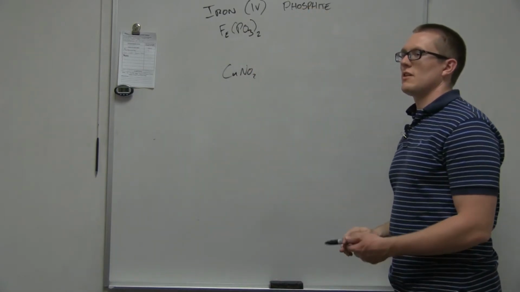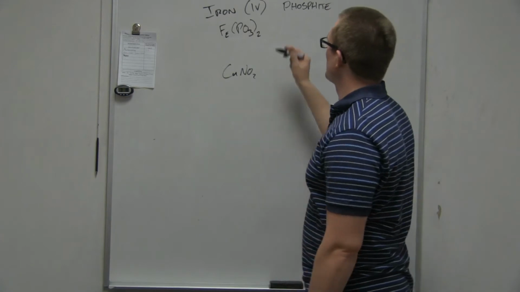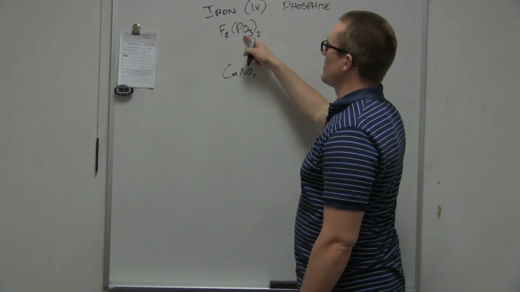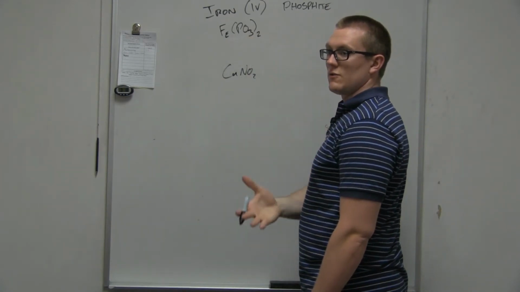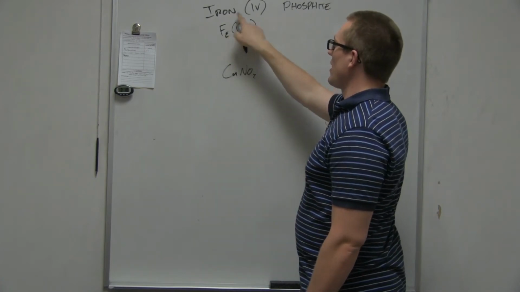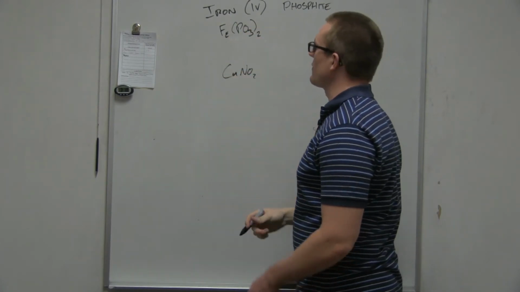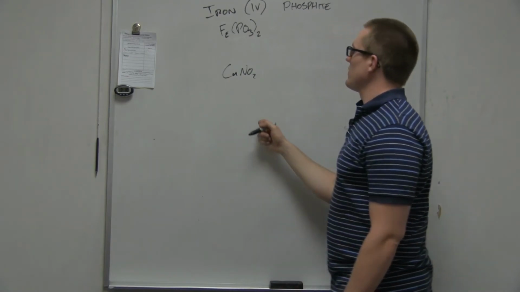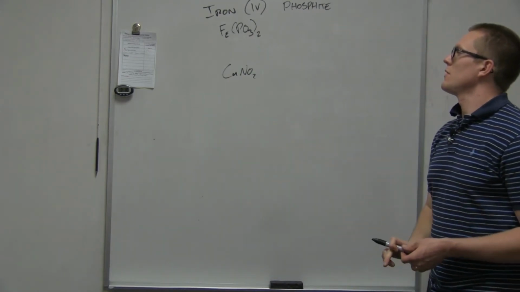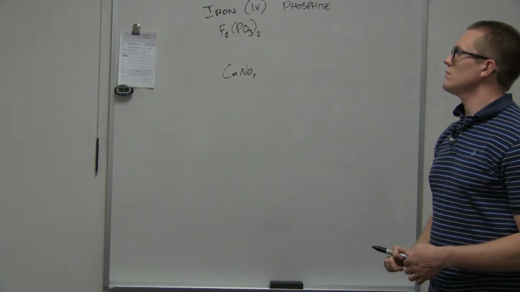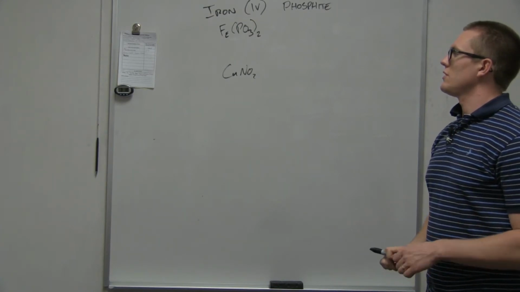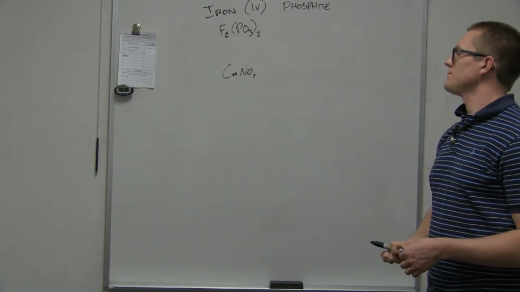Perfect. If we walk through that, it's because we know that phosphite is PO3 and it has a -2 charge. And if it's iron(IV), then we'd need 2 of these to cancel that out. Perfect. Way to go. And then for this one, it's copper nitrate? Nitrite. Okay.